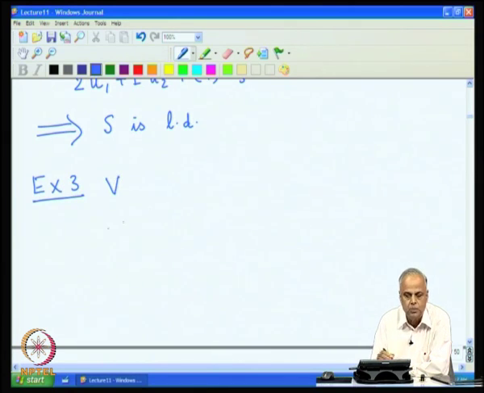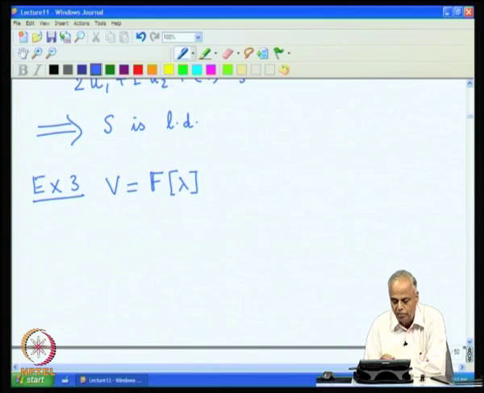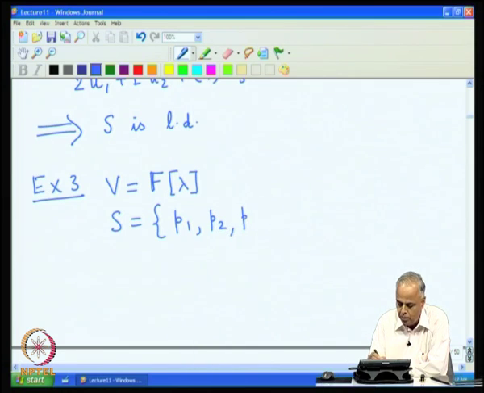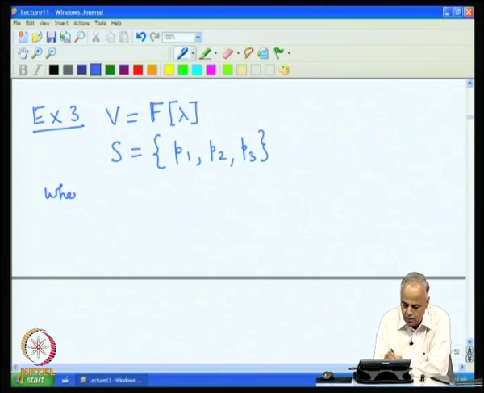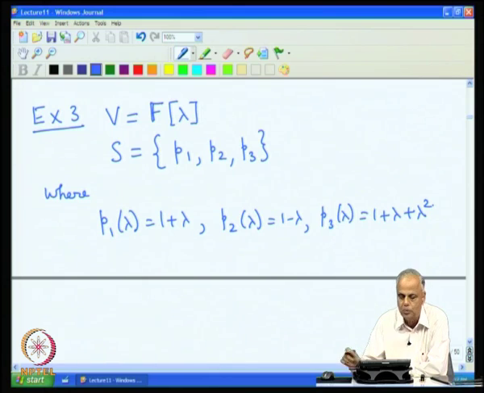Let us take the vector space V to be the vector space of all polynomials in lambda with coefficients from the field F. Let us take the set S to consist of the 3 polynomials P1, P2, P3, where P1(lambda) is 1 plus lambda, P2(lambda) is 1 minus lambda, P3(lambda) is 1 plus lambda squared.